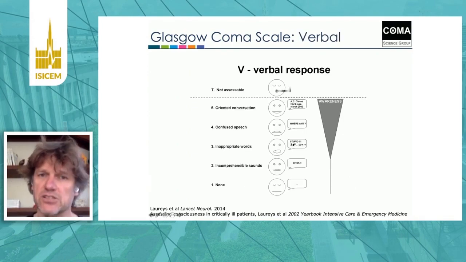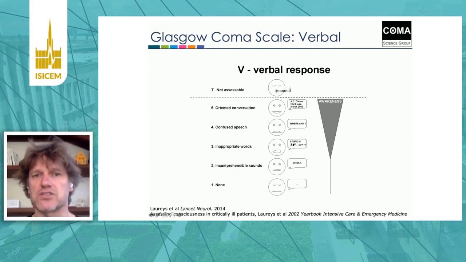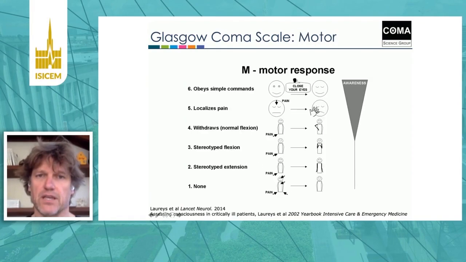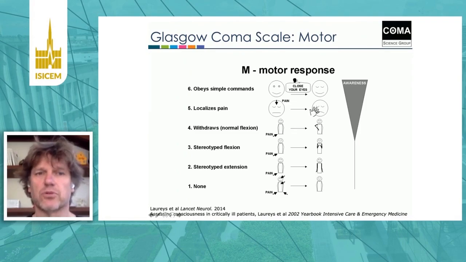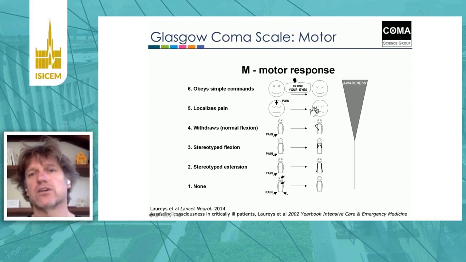Verbal response, as we all know, a big challenge. Many of the patients are intubated, and then we lose one of the 3 components capturing awareness. Motor response, very important, very informative. Again, looking at awareness by looking for signs of command following, and then if it's absent, localization to pain.